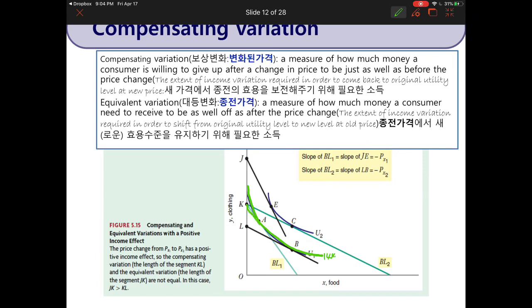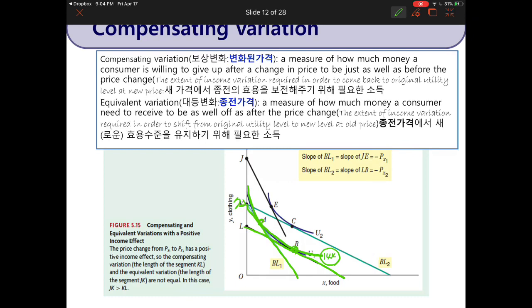Before the change of the price of good X, he was at A. Now, after the price change, instead of A, he can pick B and enjoy the same utility. But at basket B, with the price of good X lower, the income to achieve basket B is much smaller than before.